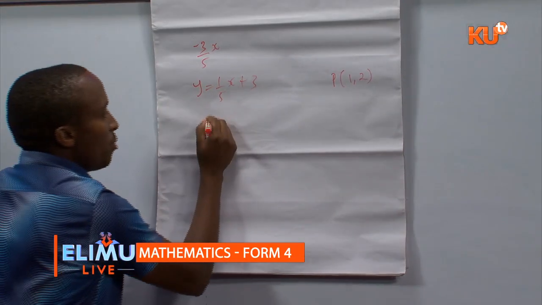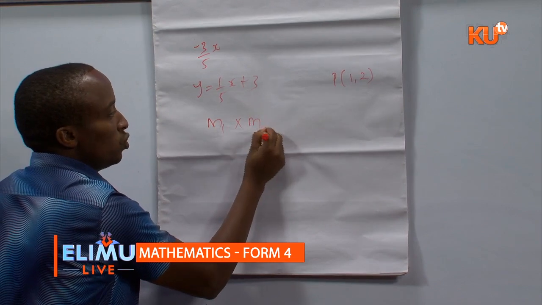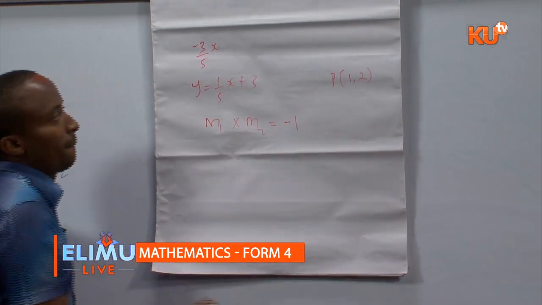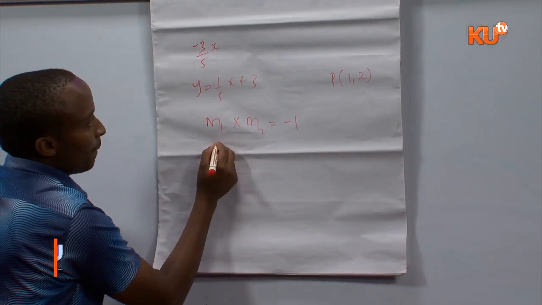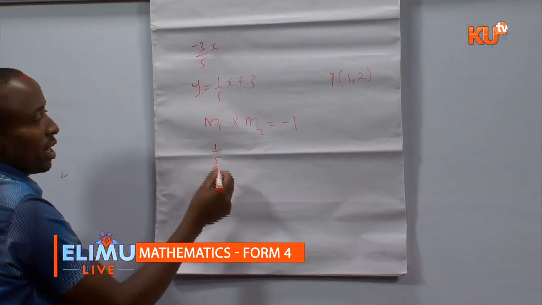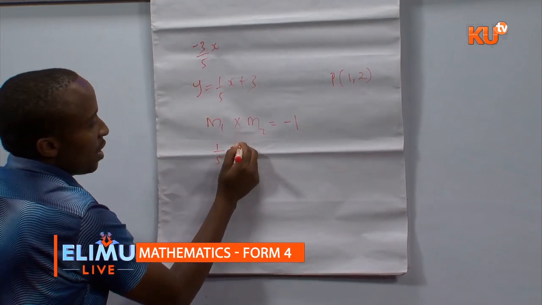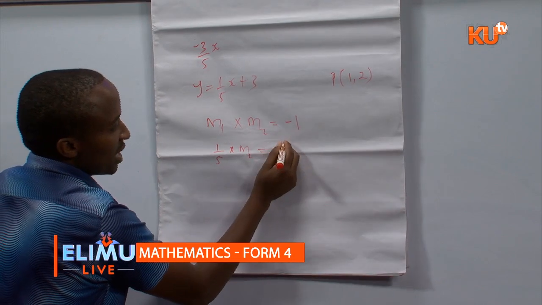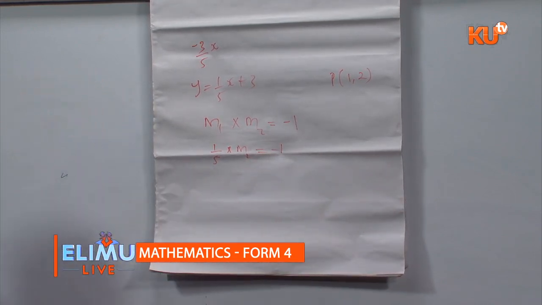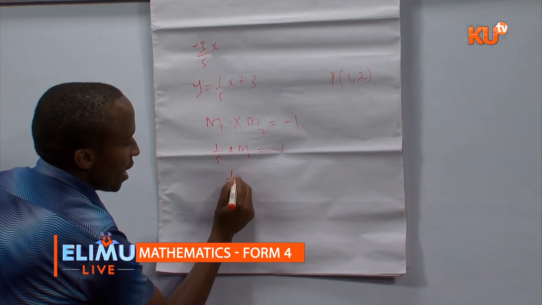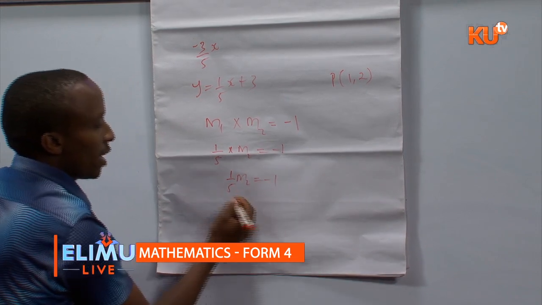So we know that m1 multiplied by m2 is equal to -1. Our m1 is a fifth, multiplied by m2, you must get -1. So a fifth m2 is equal to -1.